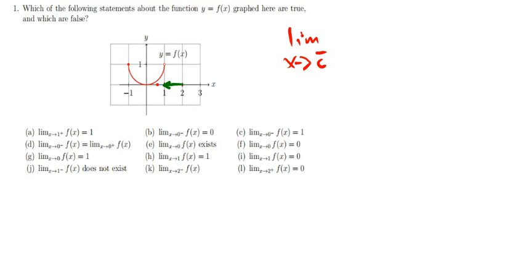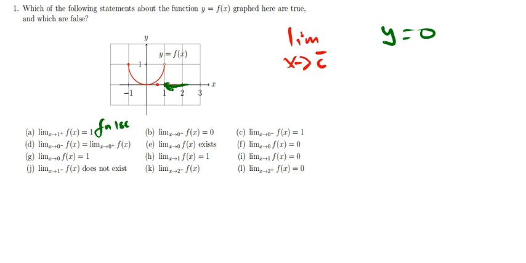We can clearly see that we have this red line here, so we have to follow that line. Now this line is sitting on y is equal to 0, meaning that as we are approaching 1 from the right side, the value of y has to be 0. So this statement is false.